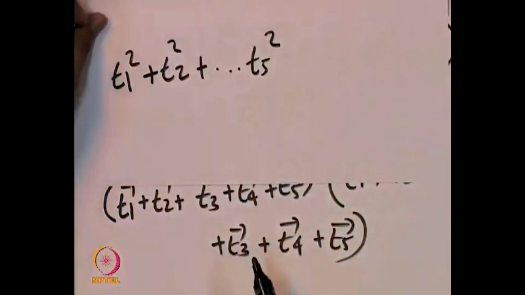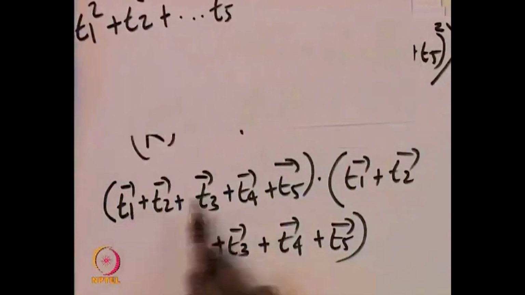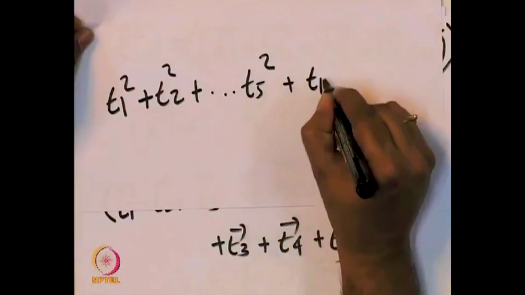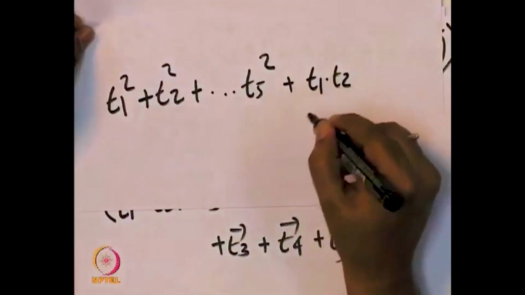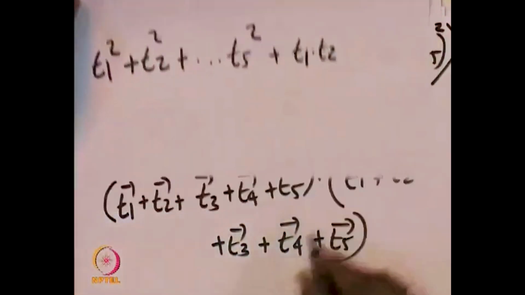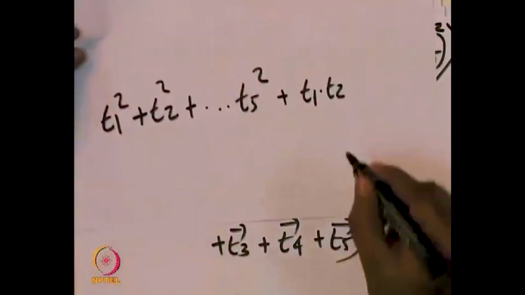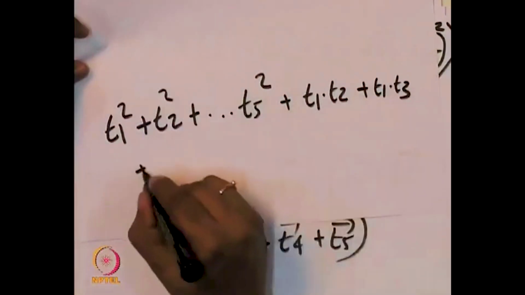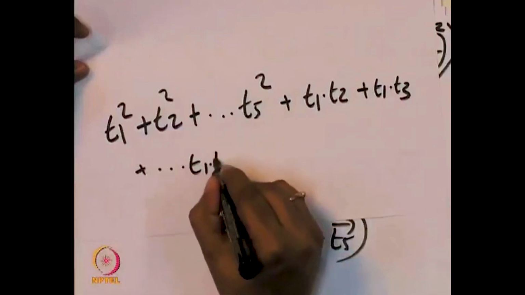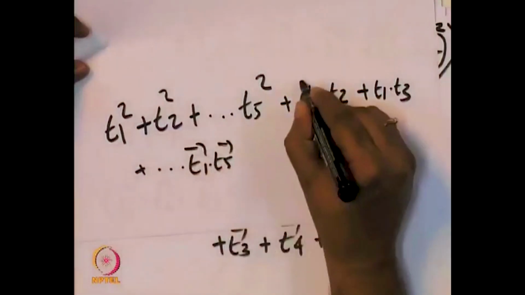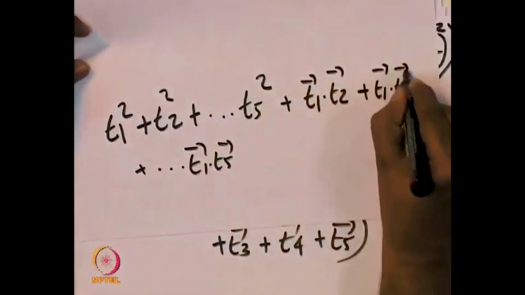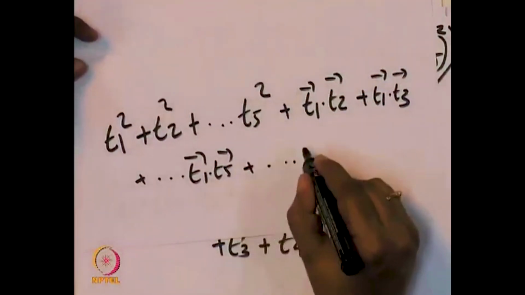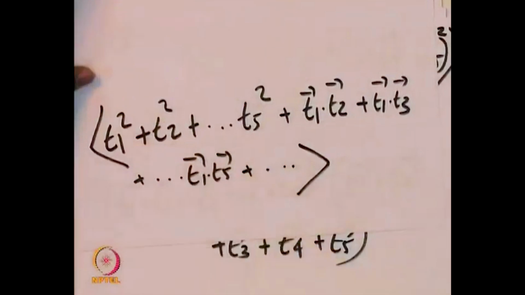Then what do we have? Then we have T1 dot T2. So, there are terms like T1 dot T2, T1 dot T3, and so on, up to T1 dot T5, plus more terms, all of this averaged.